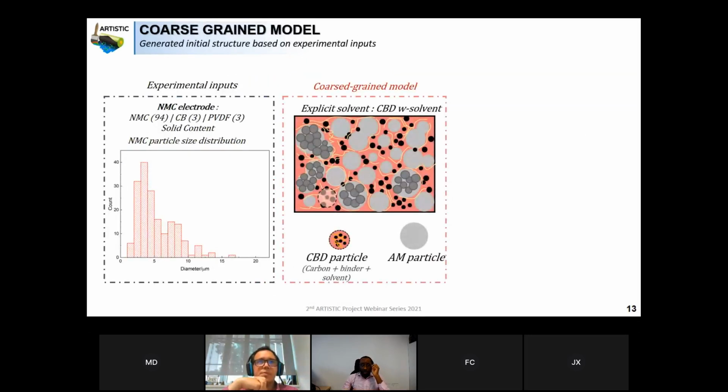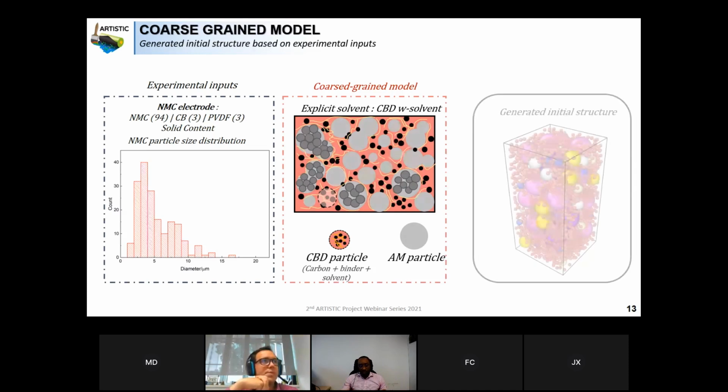So to obtain your slurry, as we said, we use experimental input. For example, here we study the NMC electrode. So we need a composition, for example here 94/3/3 binder, the solid content, and the particle size distribution, for example, for the active material. We use all these inputs, and then we use our coarse grain model to generate the initial structure of the simulation.